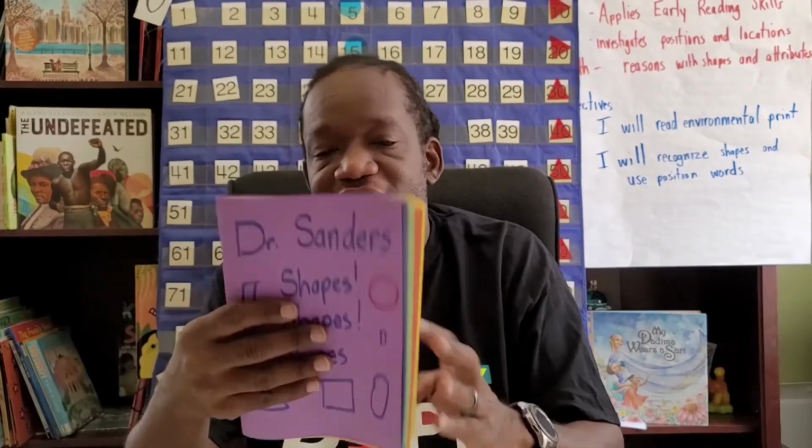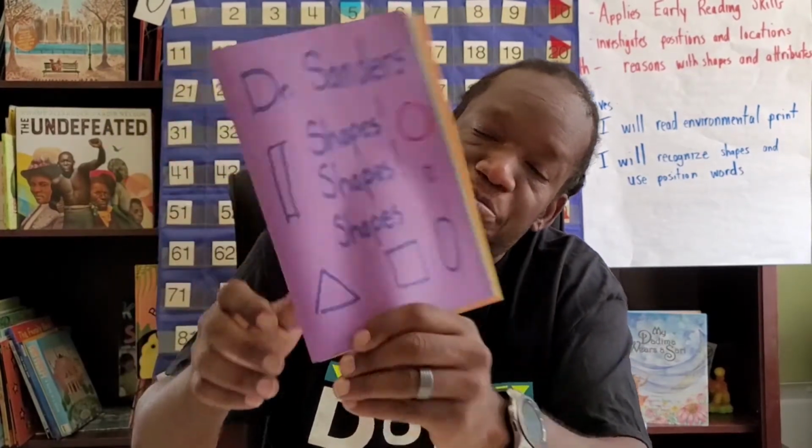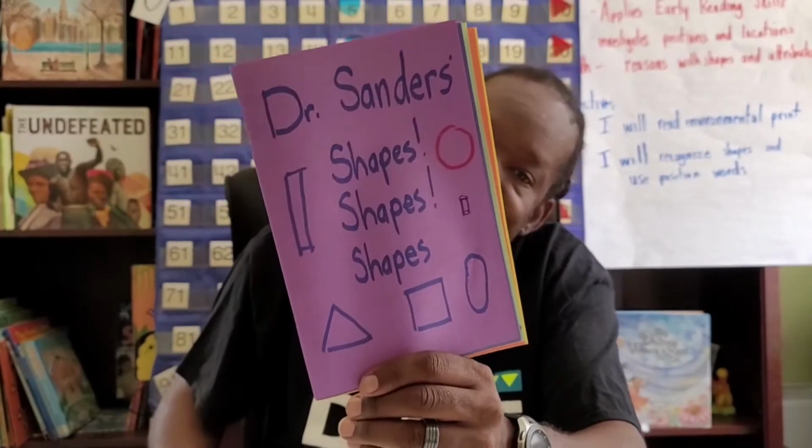But we're gonna go over some more shapes in Dr. Sanders' shapes. Okay, shapes. These are just 2D shapes. So I'm gonna show you, and I'll tell you the number of sides that they have and the corners or the vertices.